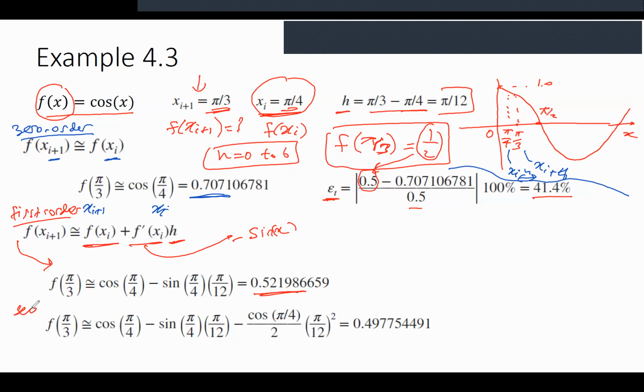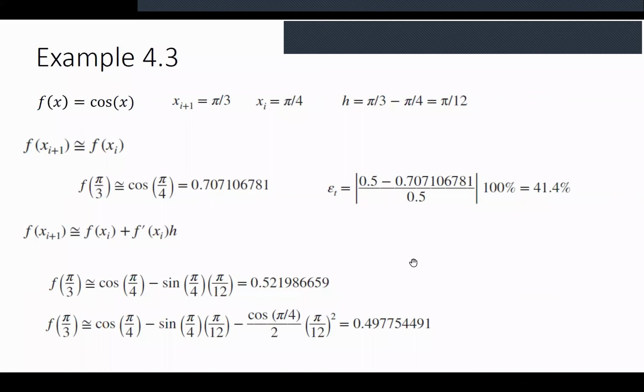Here we got the second order approximation, so it is getting closer to the true value of 0.5. Okay, as expected. If we add other terms, then we can expect better results, of course.